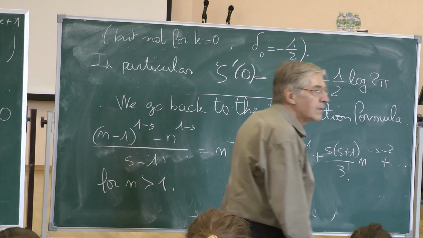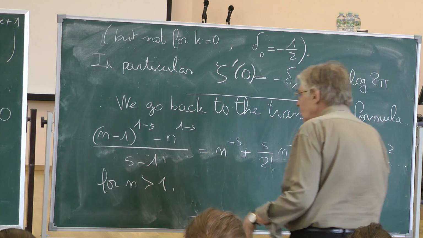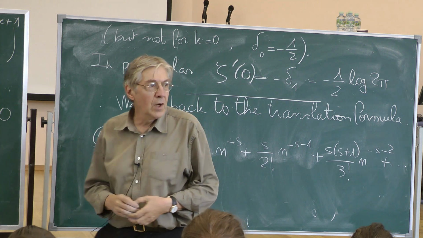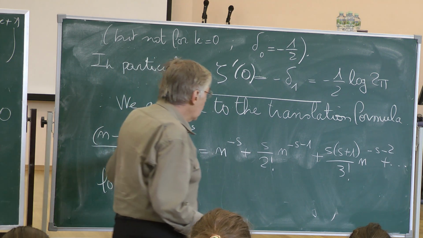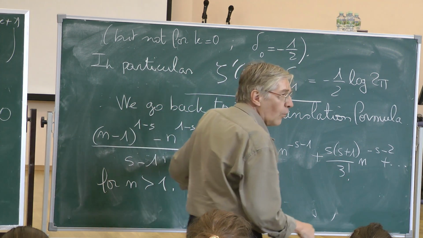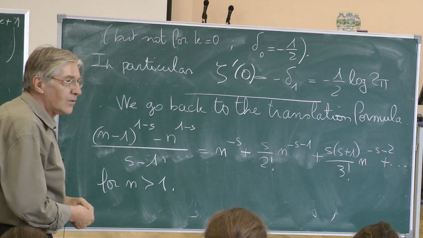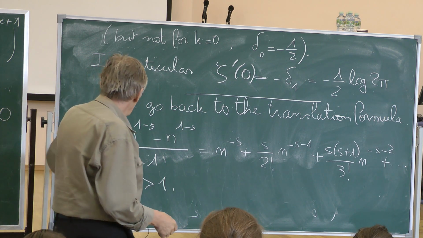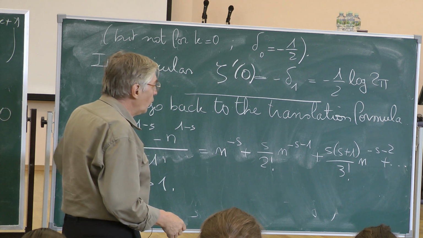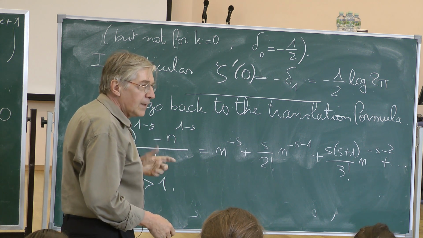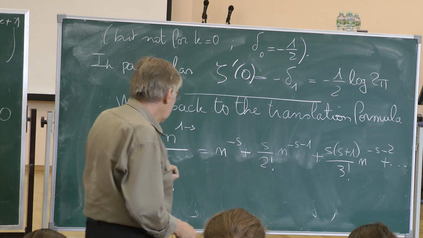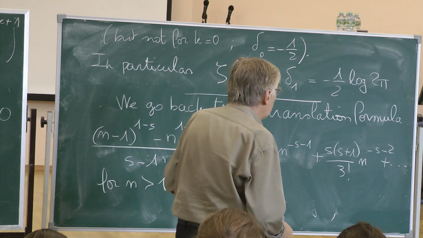We have this relation. And in order to prove the translation formula, I said I will just add all these equalities for n going from 2 to infinity. But now we will do something slightly different.